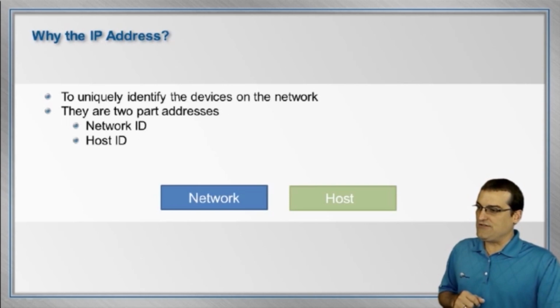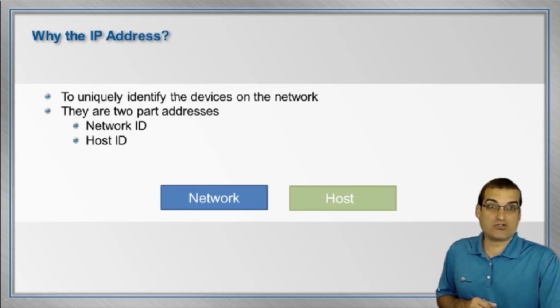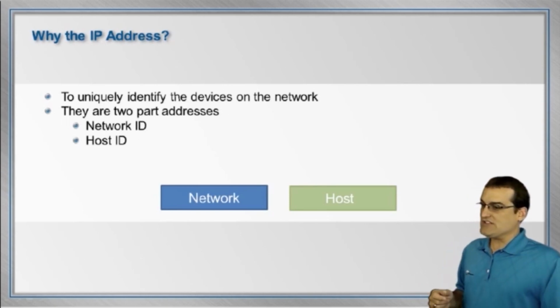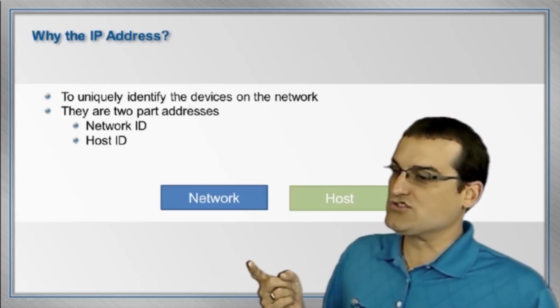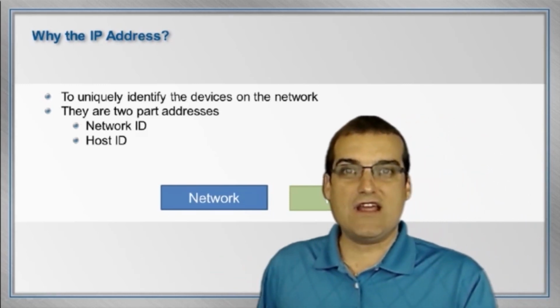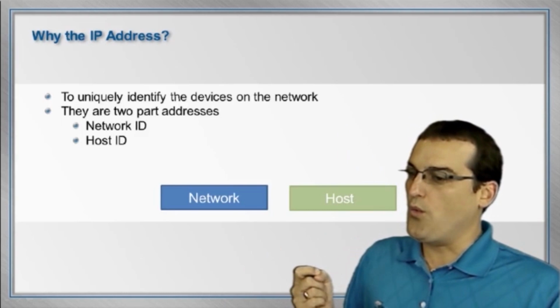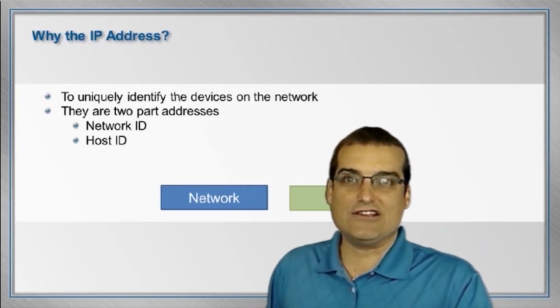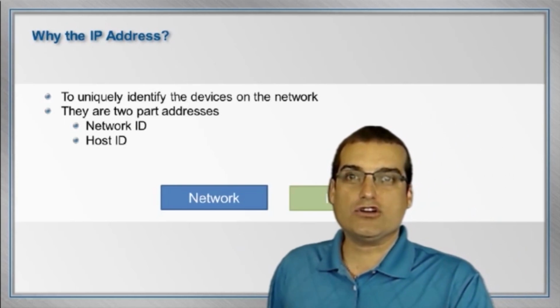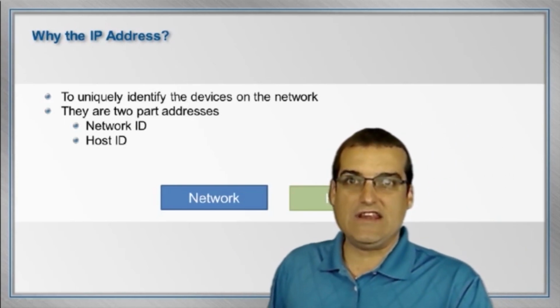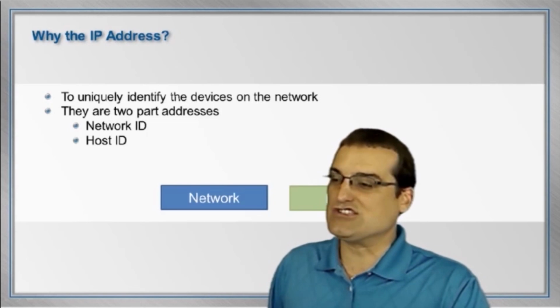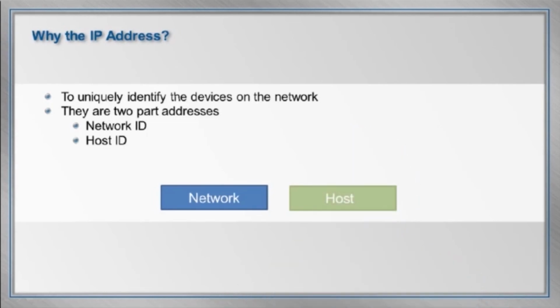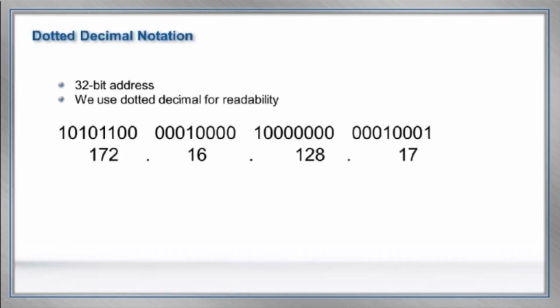A great analogy for this is your street and home address. We have a street address like Main Street, and then we have a street number that we live on, like 101. So 101 Main Street is a great analogy for the hierarchical nature of these IPv4 addresses and how they describe where a particular workstation exists.